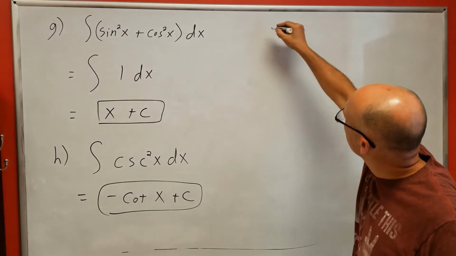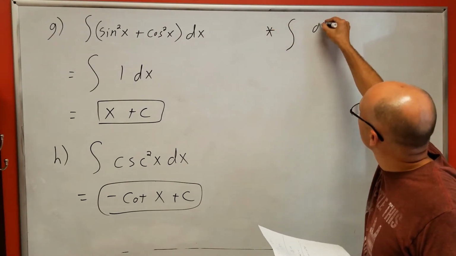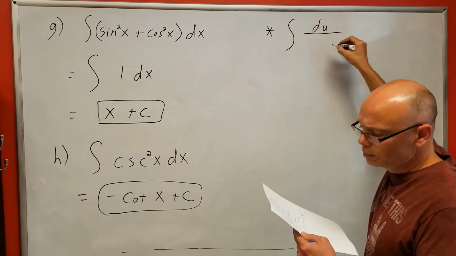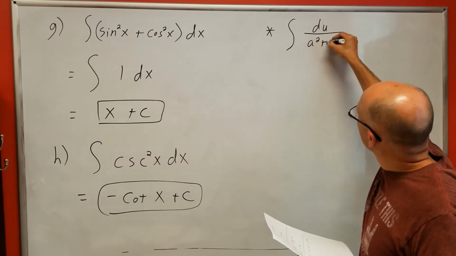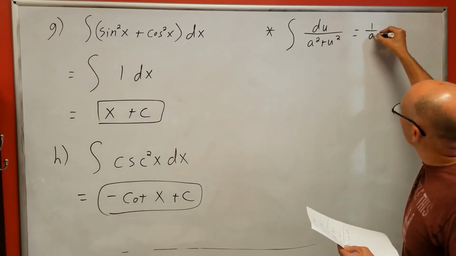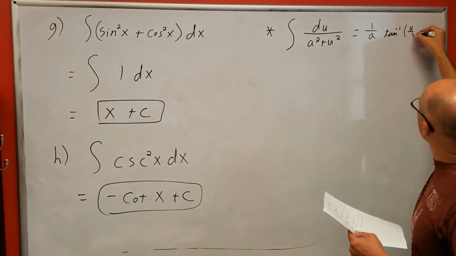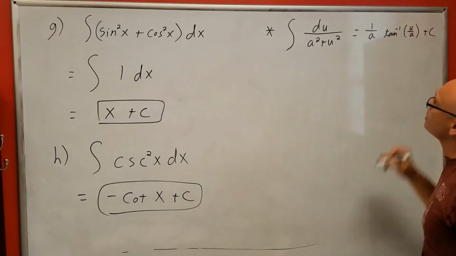All right, let's look at a couple of formulas here, not really come up with them. Let's suppose I have du over a squared plus u squared. That's going to be 1 over a times the inverse tangent, or the arctangent, of u over a plus c.